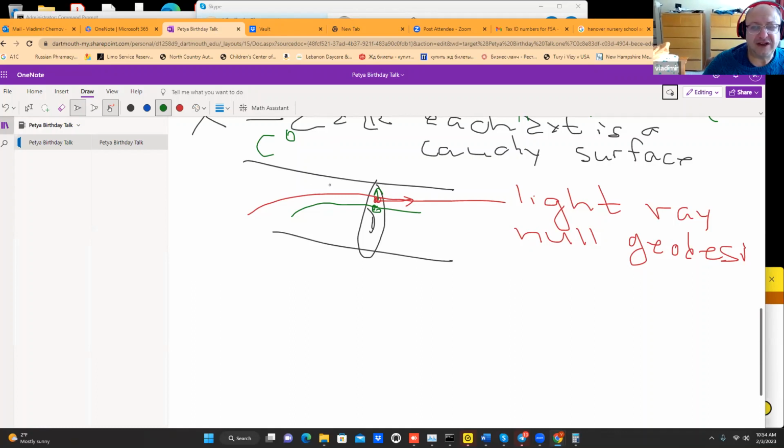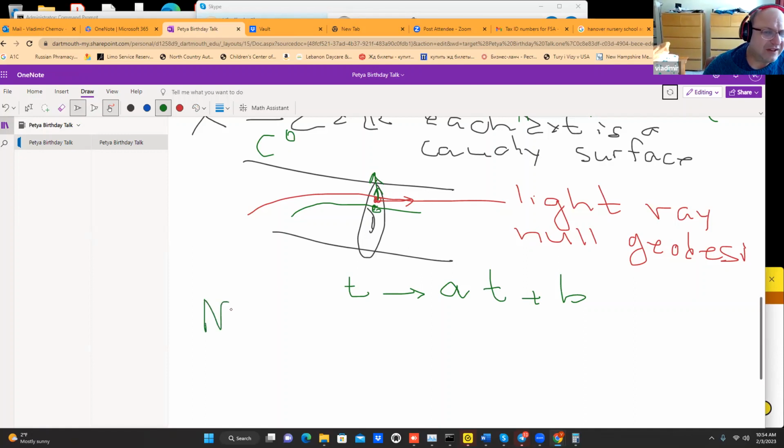The null geodesics are defined up to affine reparameterization, which means that t goes to a t plus b, for positive a. So if you choose a different parameterization, the projection vector will be multiplied by a positive constant, but the direction will be preserved.